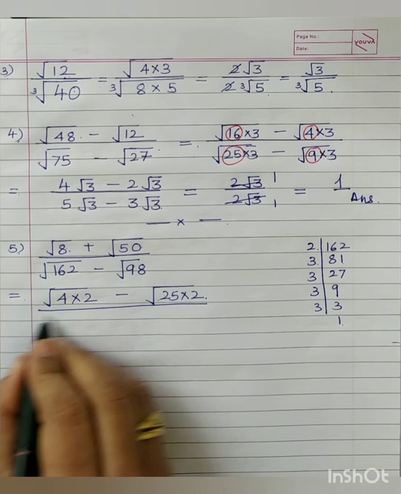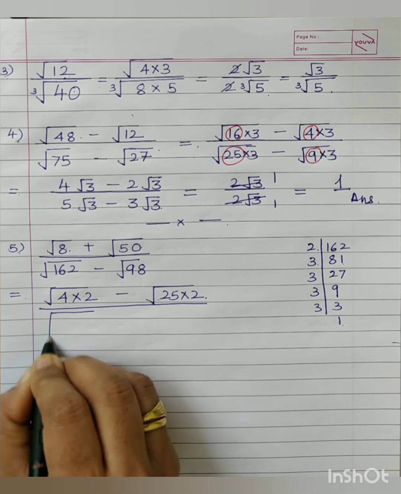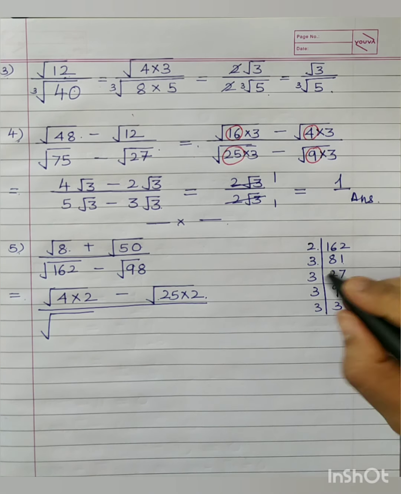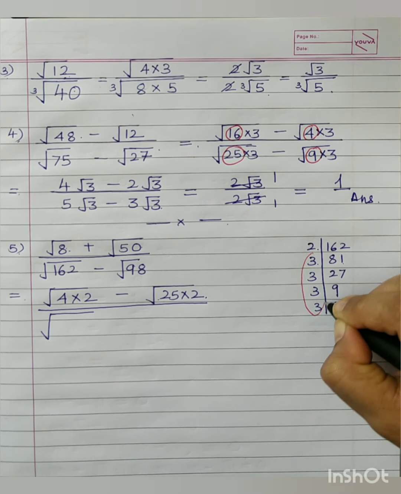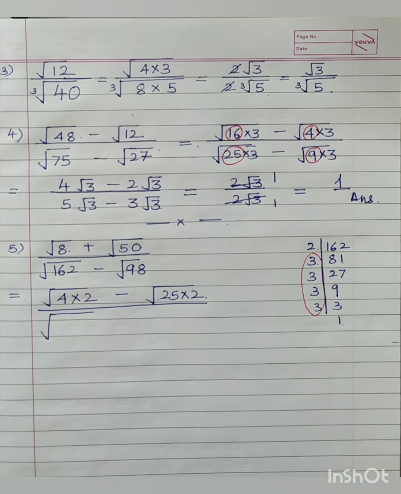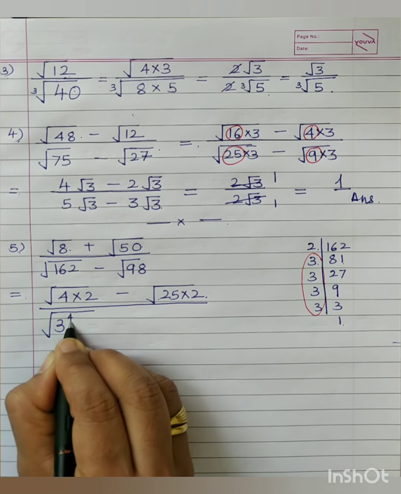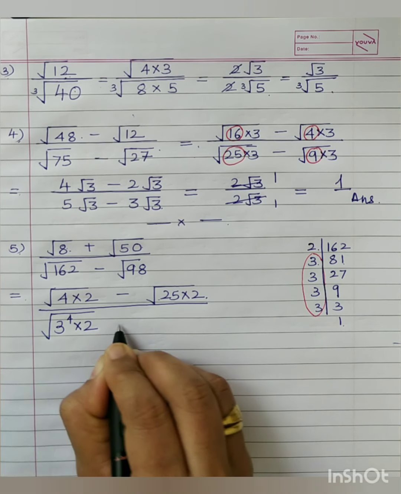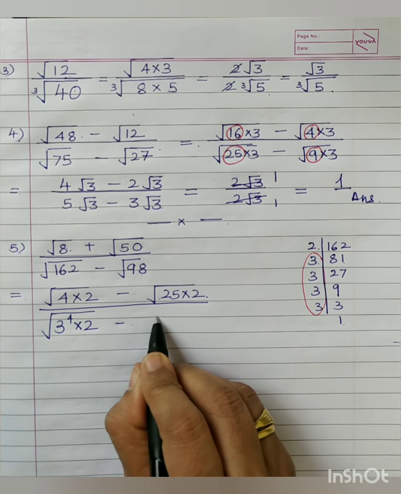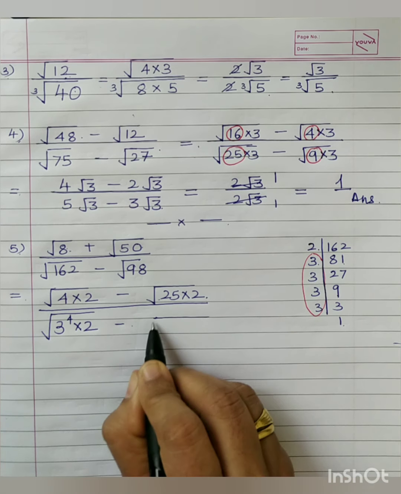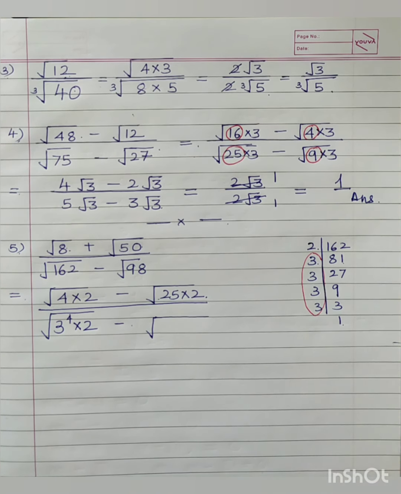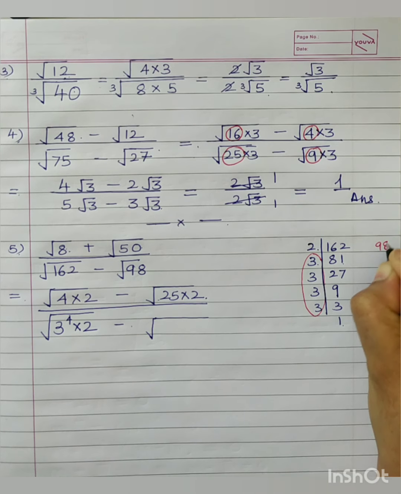So what way is it now, children, that you can write it in index form? 3 multiplied by itself how many times? 4 times. So you can write it as 3 to the power 4 into 2, minus 98 also. If you feel it is difficult, immediately go for prime factorization.